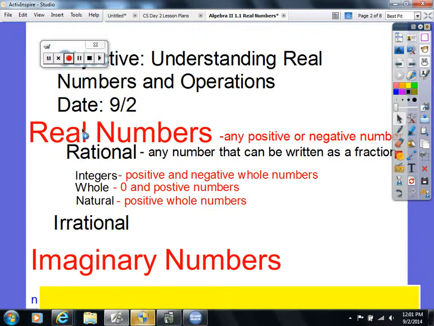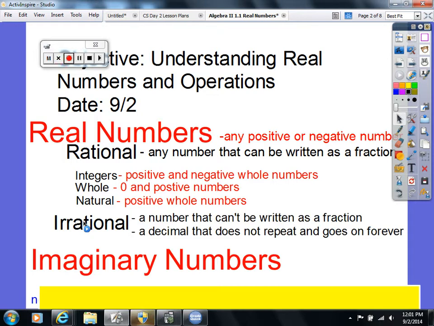So I told you real numbers are divided into two categories, rational and irrational. An irrational number is a number that can't be written as a fraction. It's a decimal that does not repeat and goes on forever. Real numbers and imaginary numbers are opposites of each other. An imaginary number is like the square root of a negative number.